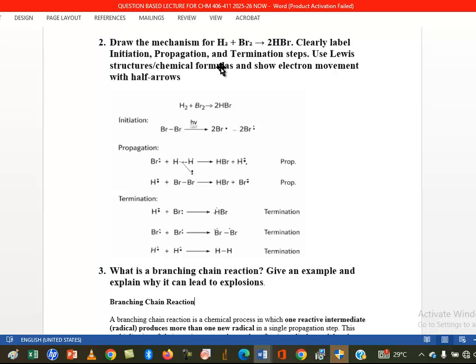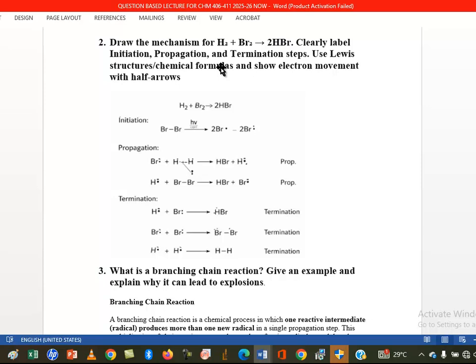H2 plus Br2 gives 2 HBr. In initiation, you have Br2, and hv here means electromagnetic radiation, in this case light, so it is initiated using light, and then it breaks down to give 2 Br radicals.